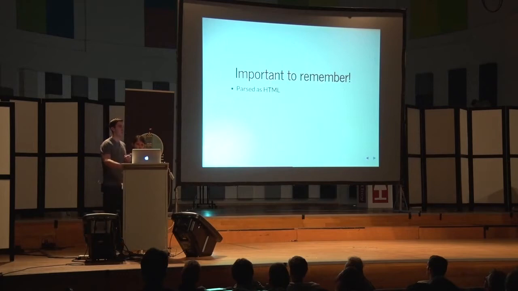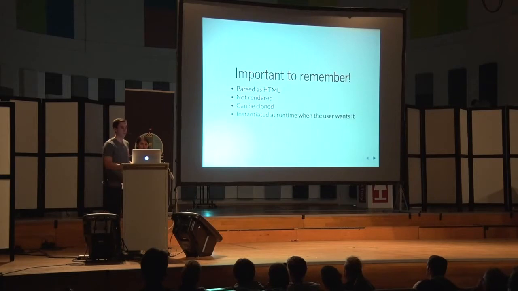And very important to remember, it's parsed as HTML because it's just an HTML document, basically. It's not rendered till it's cloned or appended to the body. It can be cloned, that's really important. And it's instantiated at runtime when the user wants it. It's not really at the start. So you can really control when this button is active or not active.